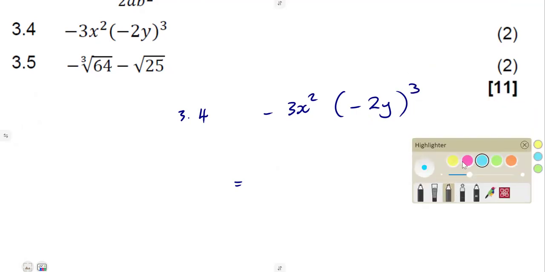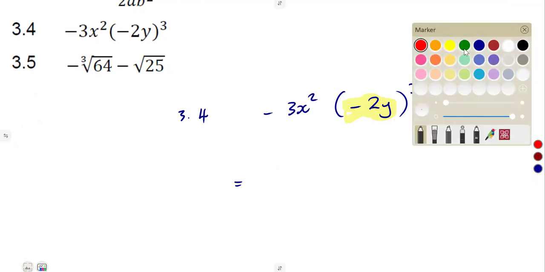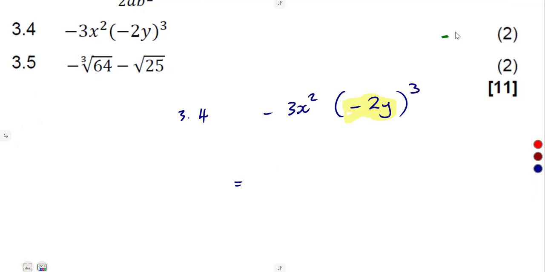So looking into our question here, we can start with this bracket that is being raised to the exponent of an odd power, an odd number, 3. A negative, when raised to the exponent of an odd, remains a negative. But when raised to an even exponent, it will be a positive.